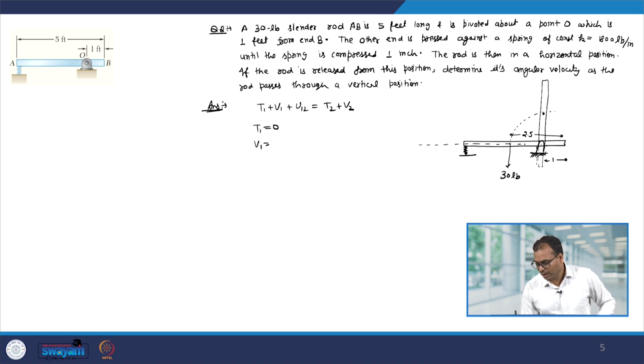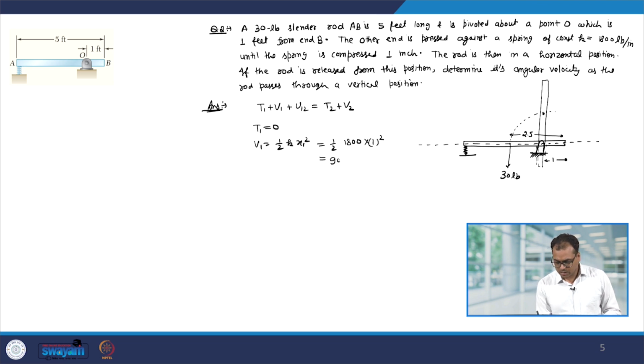There is no gravitational potential energy, we only have the spring energy. So, that will be half k x1 square. Half k is given, it is 1800 pound per inch. So, 1800 into 1 square, and that comes out to be 900 pound inch.